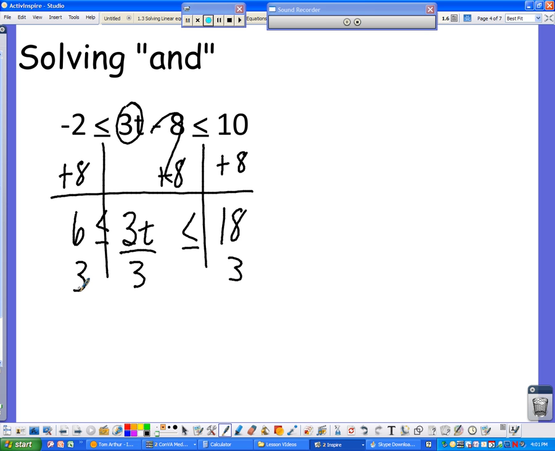So 6 divided by 3 gives me 2. The 3's cancel out, so I get t, less than or equal to 18 divided by 3, which is 6. So my answer is 2 is less than or equal to t, which is less than or equal to 6.